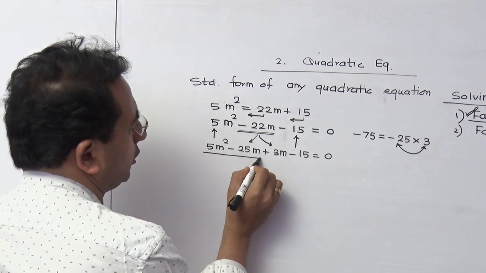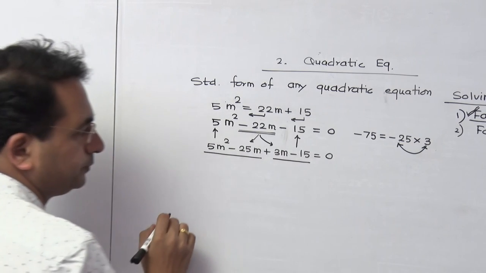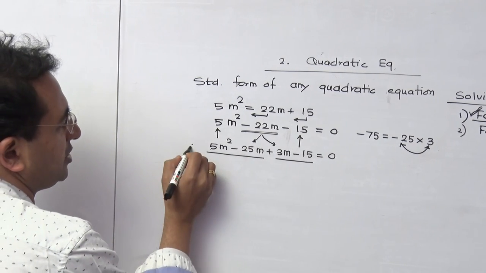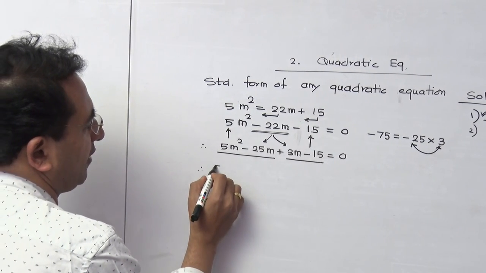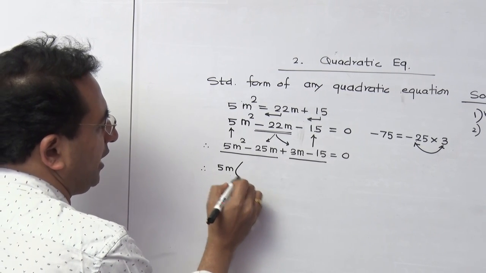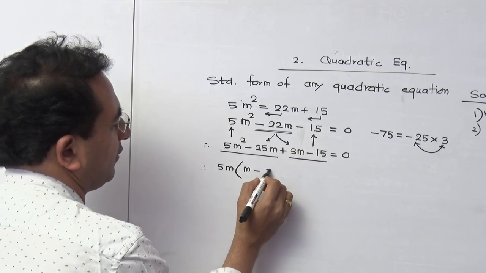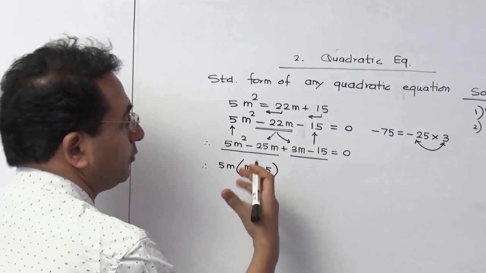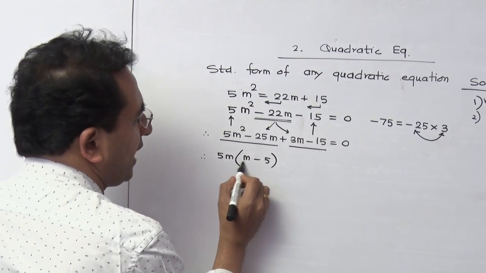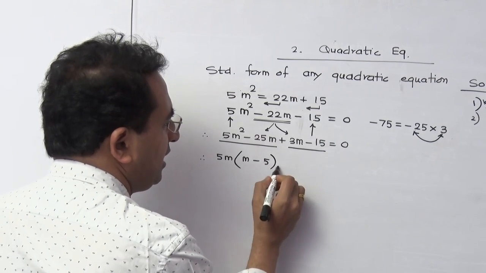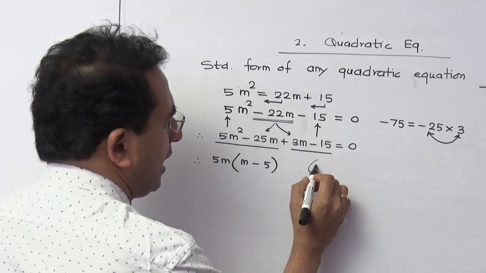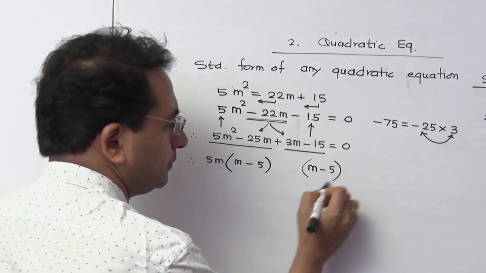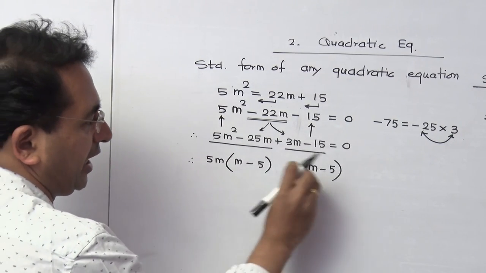Underline the first two terms and the last two terms. Now what can you take common in this? We can take 5m common, into bracket m minus 5. Then what is the normal procedure? You write this bracket again by leaving some space here. So I am writing m minus 5 here. This is an easy technique I am telling you.